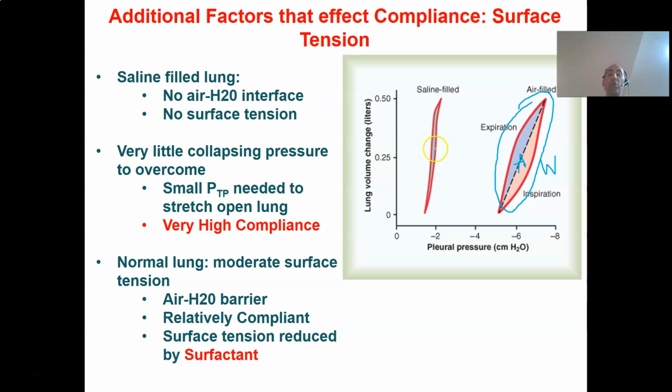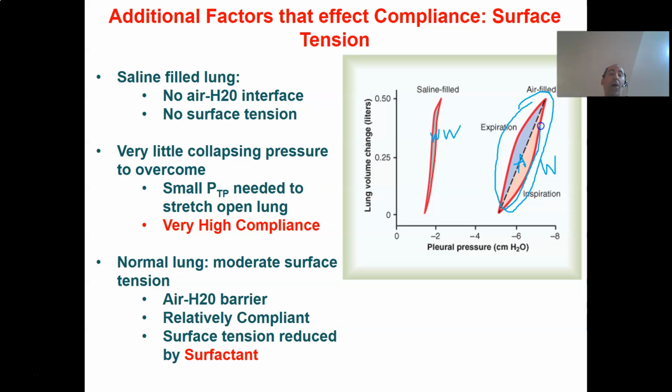In the newer compliance curve, there's water on the inside of the lung and there's water on the outside of the lung. As you can see, the slope of the compliance curve for the saline or the water-filled lung is greater.